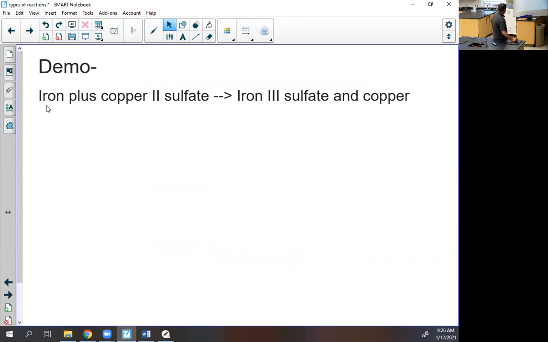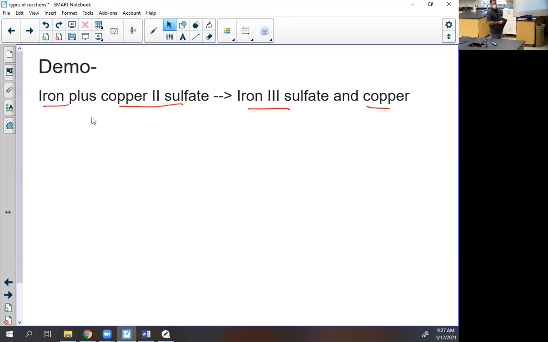I'm going to put iron and copper 2 sulfate together. So let's write this out together, not in words. This is supposed to be a 2. It's harder to balance, so that's why I did that. Let's stick with that, being a little trickier to balance. You don't have to write the words. This is on page 6 again.